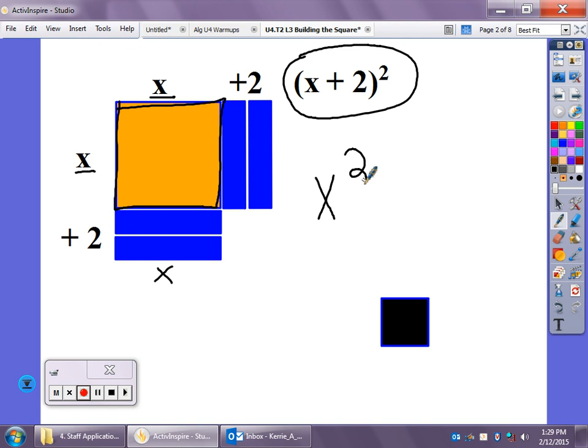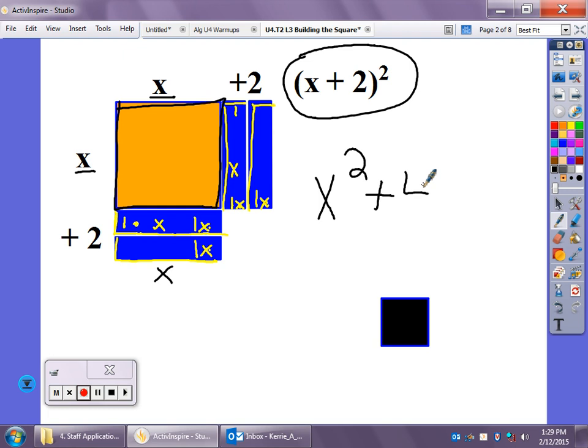This rectangle here is 1 by x, so 1 times x is 1x. This is also 1 by x, so it's a 1x. This is 1 by x, so this is a 1x. This is 1 by x, so this is 1x. So when I combine like terms, 1, 2, 3, 4, I have 4 x's.